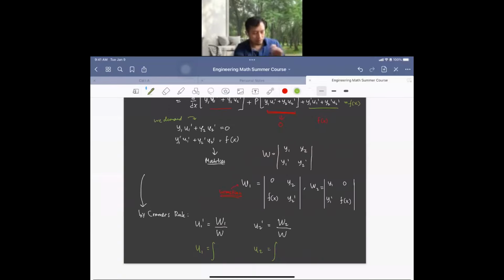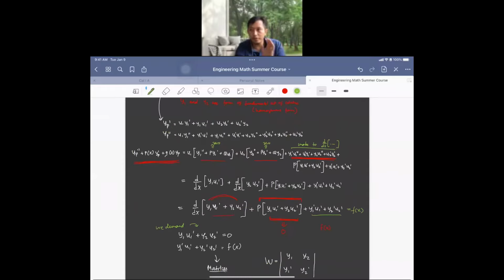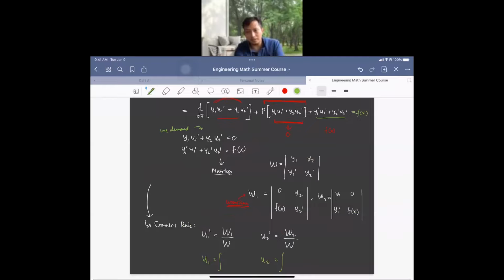And what I want to suggest for this method is not memorizing all these symbols, because variation of parameters will be really messy.